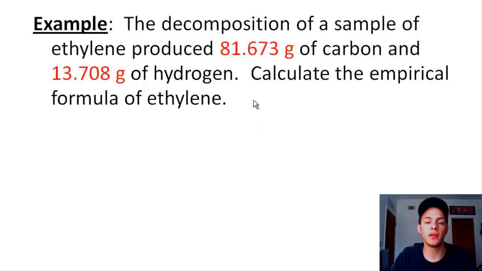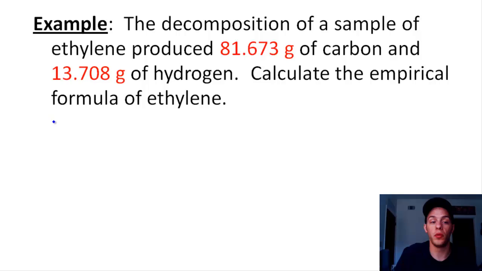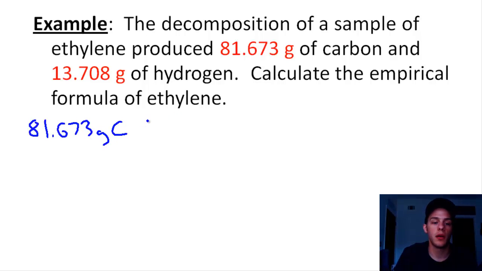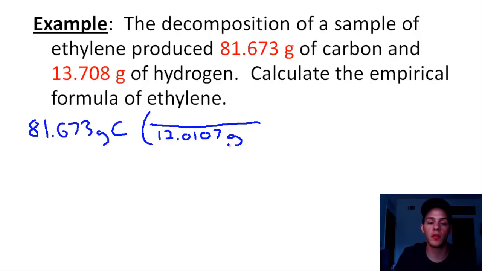So what I'm going to do is take each of these two masses and convert them to moles. So let's start with our carbon. We have 81.673 grams of carbon, and I'm going to convert that to moles using the molar mass of carbon, which is given on the periodic table. The molar mass of carbon, I'm going to put the mass on the bottom, that's 12.0107 grams of carbon.